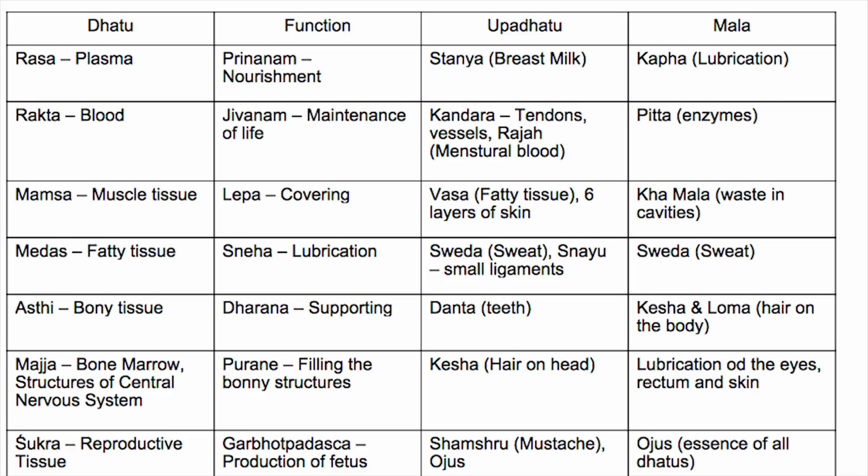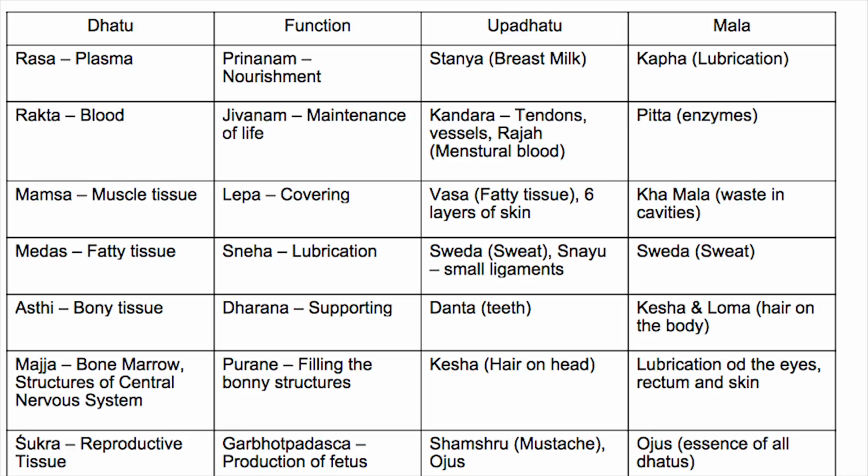Its function is Garbha Utpada, which means to produce a garbha or produce a fetus. The byproduct of this nourishment process is Shmashru, which is the mustache, and also Ojas, which is the essence of all of the dhatus. So, for instance, having a mustache, even being male or female, also indicates a proper dhatu nourishment or a proper dhatu process.